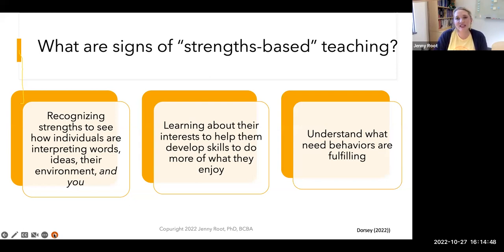And then we need to understand what need a behavior is fulfilling. Anything that we do serves a function, right? So we try to understand why something is happening, what need it's filling, and maybe whether there is another way to fulfill that need, or maybe I just let that go.